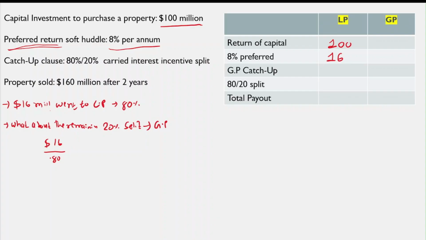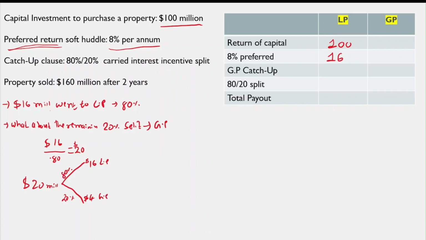So if we divide 16 million by 80%, we get 20 million. So 20 million is the total number, of which 16 million will go to the limited partners, and the 4 million will go to the general partners. We have 20 million, of which 80%, which is 16 million, goes to the limited partners, and the 20%, which is 4 million, goes to the general partners.